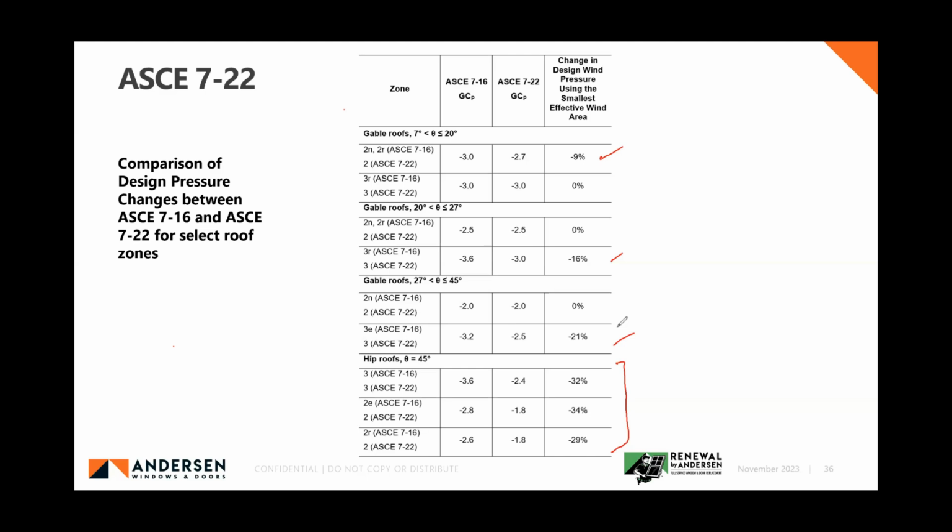So overall, a fairly decent decrease in design wind pressures for steep slope roofs over what we had in ASCE 7-16.